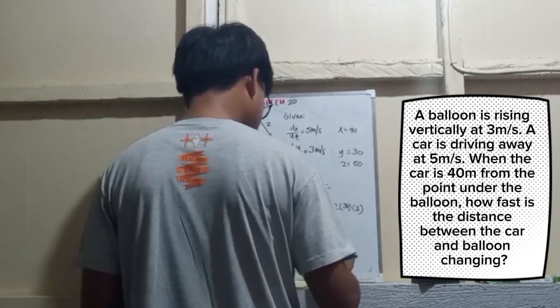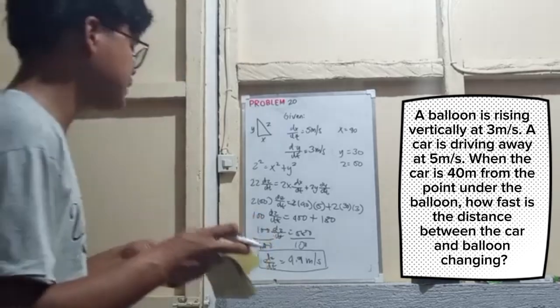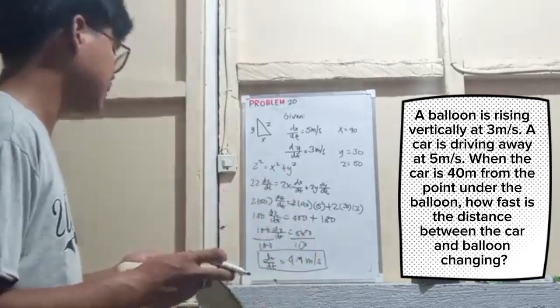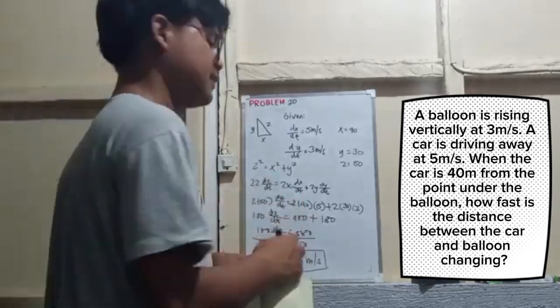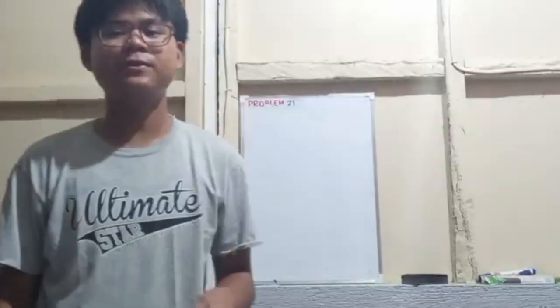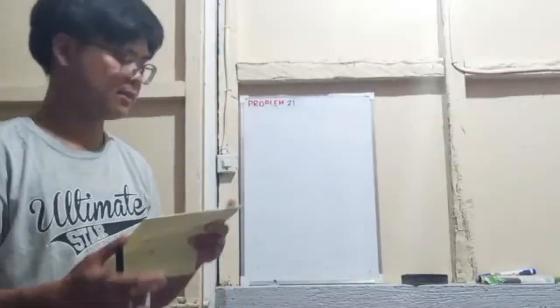So we have the rate of the distance of the balloon and the car as 4.9 meters per second. So we'll proceed to problem 21.